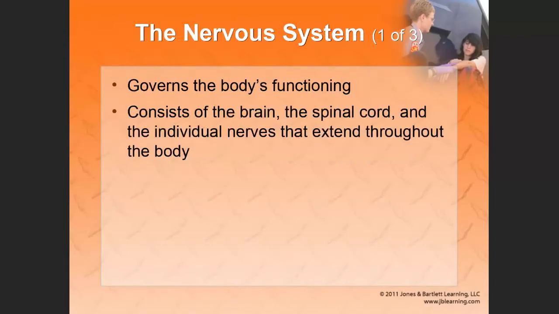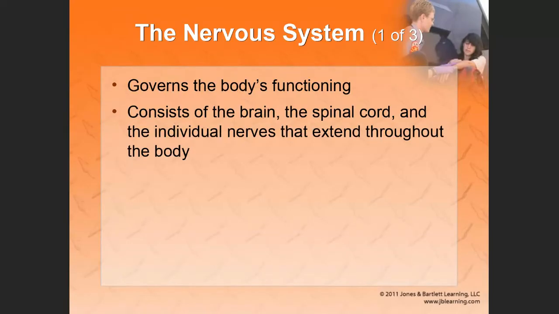The nervous system. The nervous system governs the body's function, and it consists of the brain and the spinal cord, which is often referred to as the central nervous system. And it consists of the spinal nerves and cranial nerves, and that section is referred to as the peripheral nervous system.